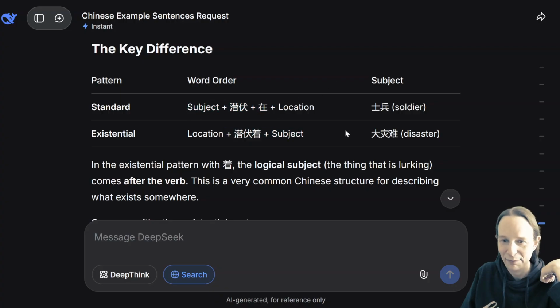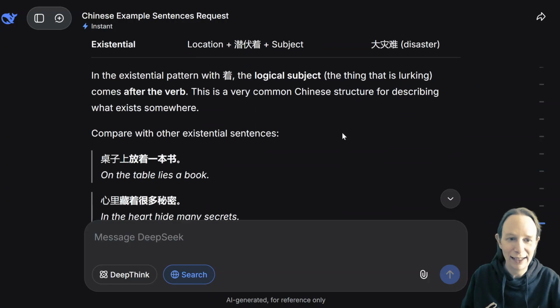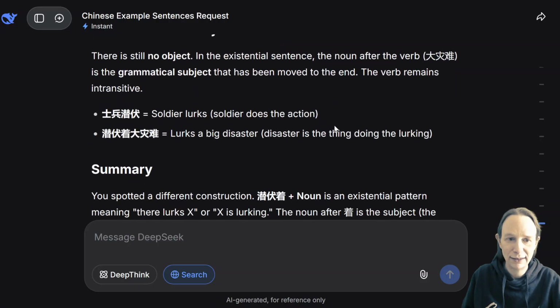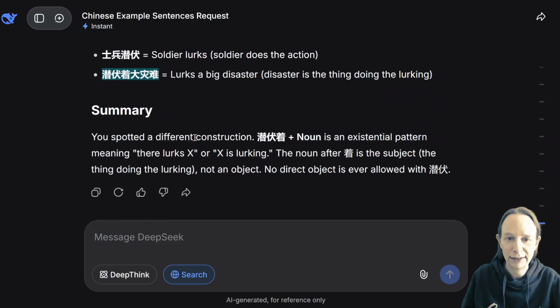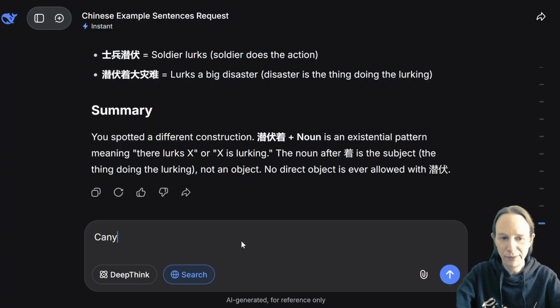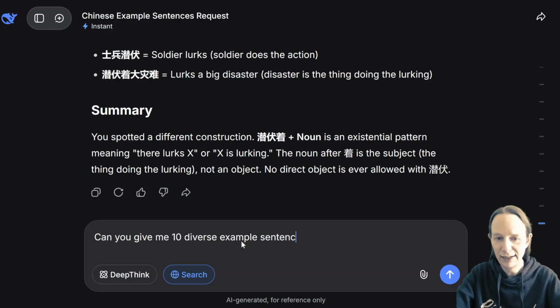So these are backwards. 士兵潜伏, soldier lurks blah blah blah. 潜伏至, yeah. So can you give me 10 diverse example sentences for 潜伏 please?